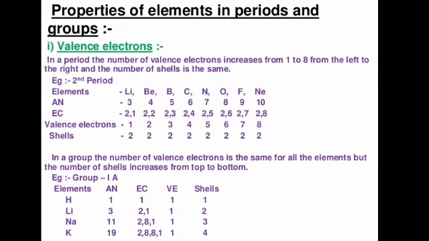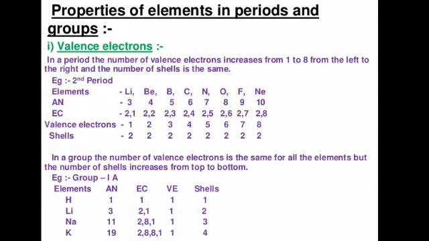For example, in the second period, the elements lithium, beryllium, boron, carbon, nitrogen, oxygen, fluorine and neon have valence electrons 1, 2, 3, 4, 5, 6, 7 and 8. As the shell number remains the same, the valence electrons increase by 1 unit.